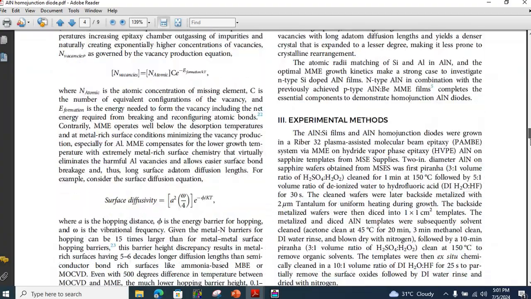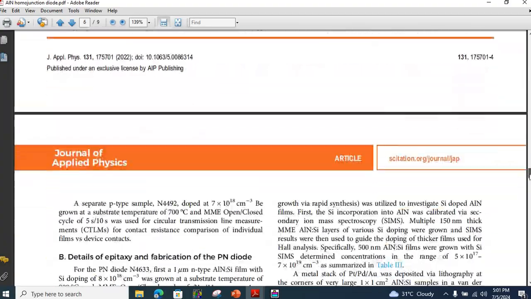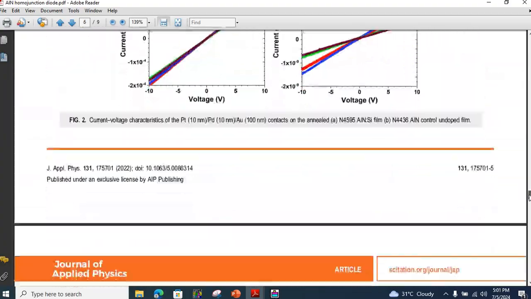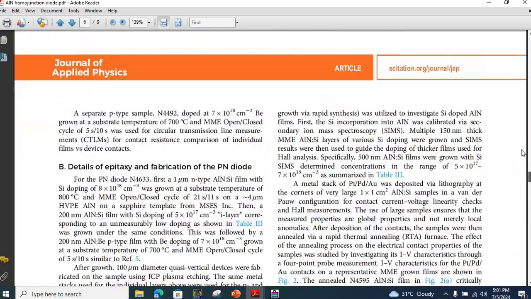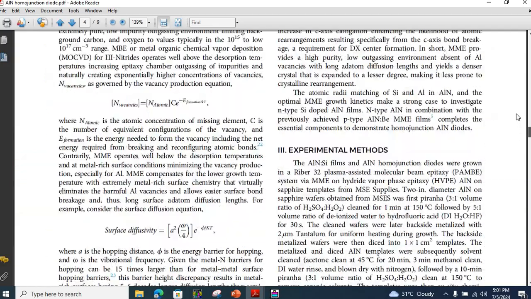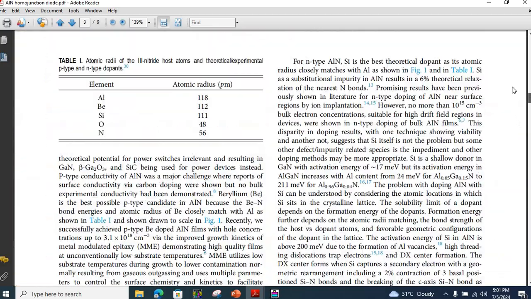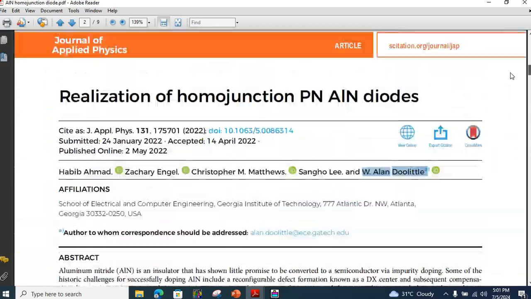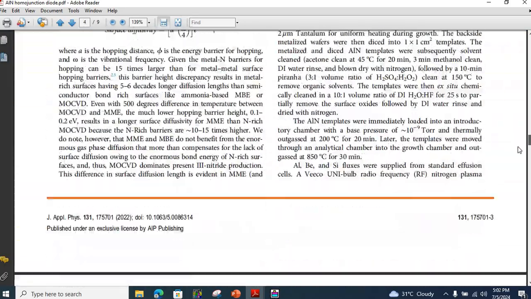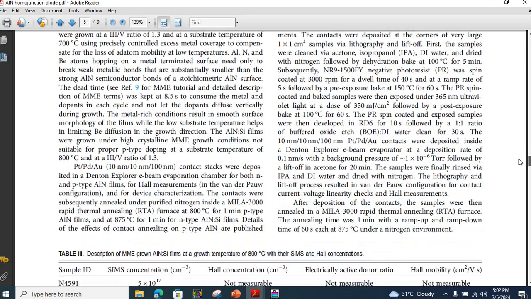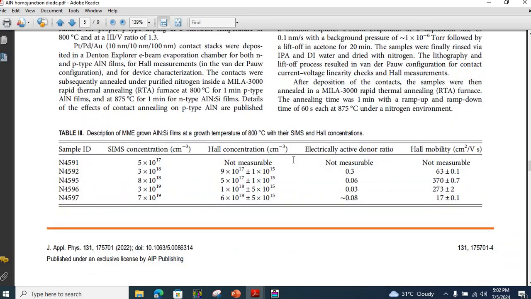So in this study we demonstrated, I want to look at the table which shows silicon doping of aluminum nitride. Oh, here it is.